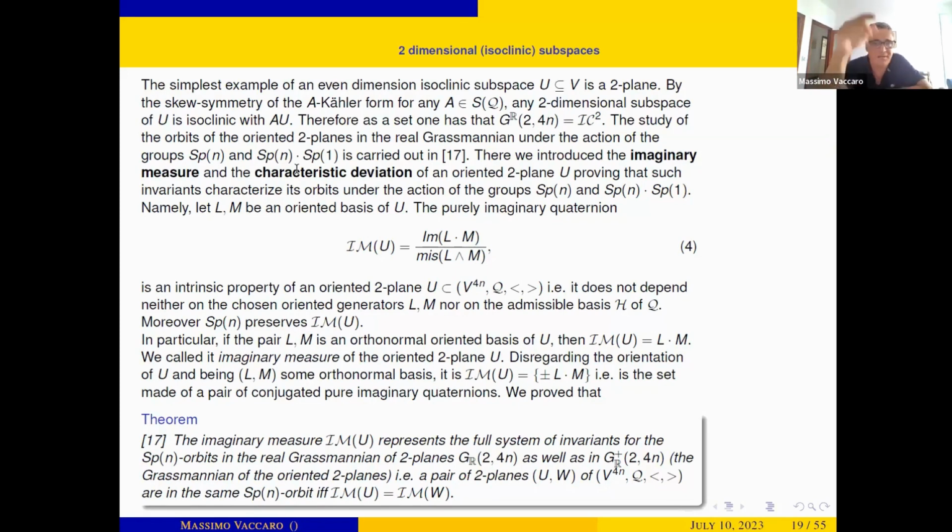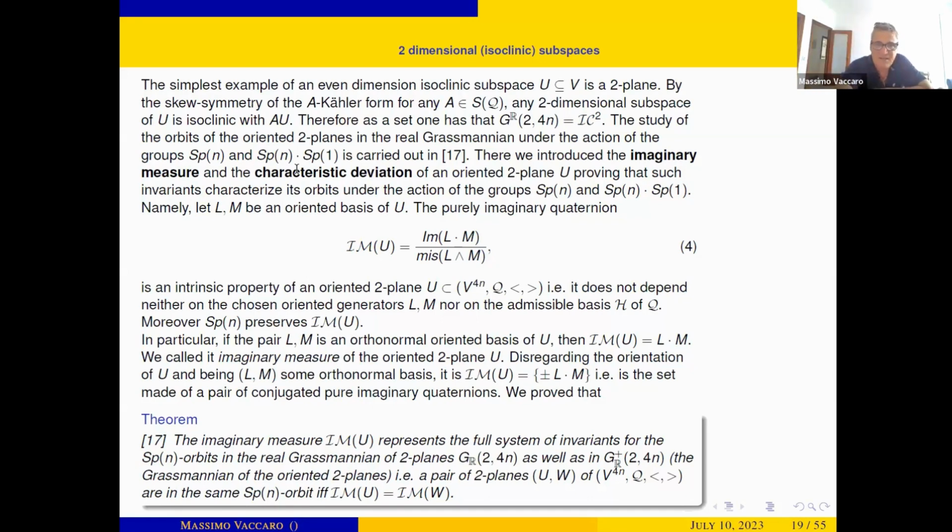And when I studied the orbit of this oriented 2-plane, I did it a different way compared with what I use now. Now I look for these matrices. At that time, I was not looking for matrices, but I just introduced the imaginary measure, which is just the imaginary part of the Hermitian product of any 2 vectors. And this is an invariant of a 2-dimensional subspace. And Sp(n) preserves this imaginary quaternion.